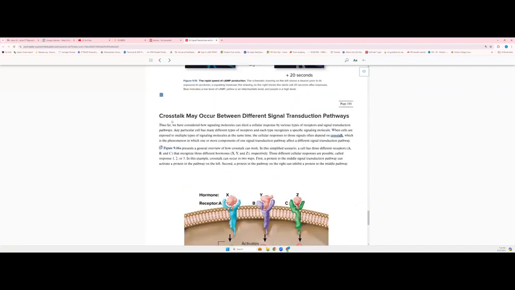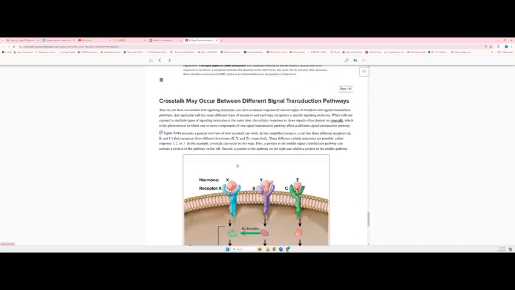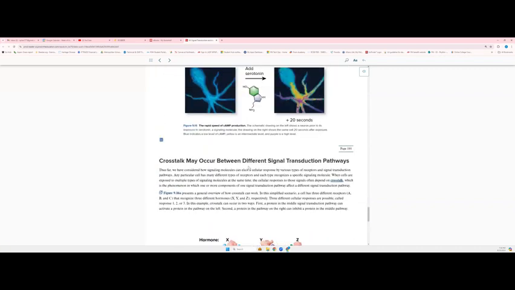Then we're talking about the crosstalk between different signal transduction pathways. Sometimes several transduction pathways can cross each other.